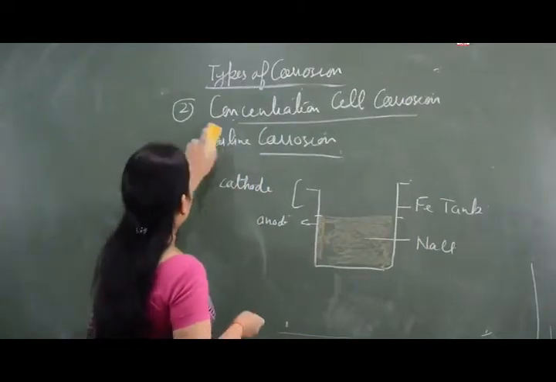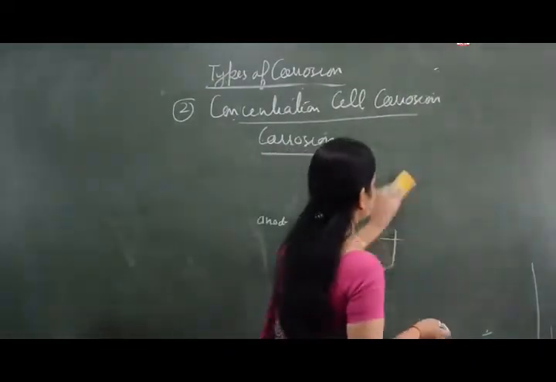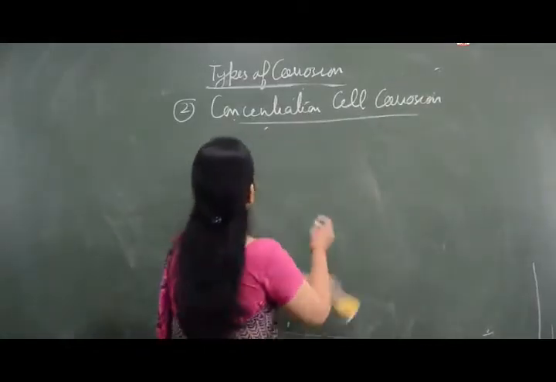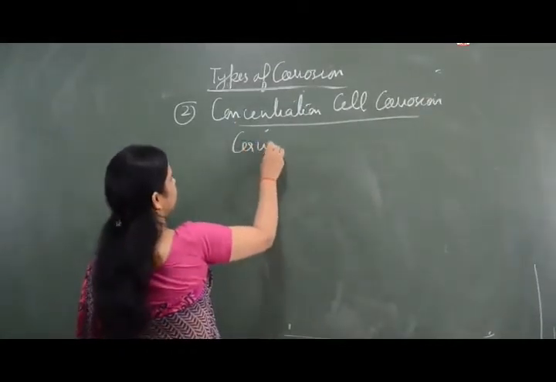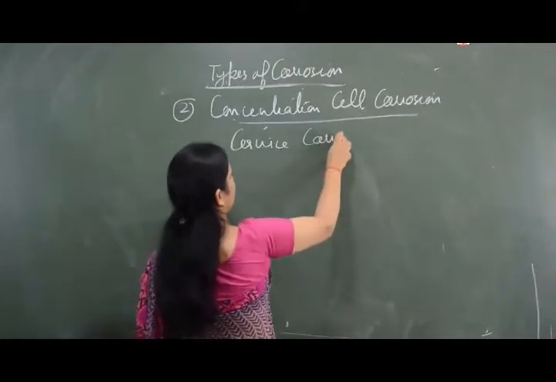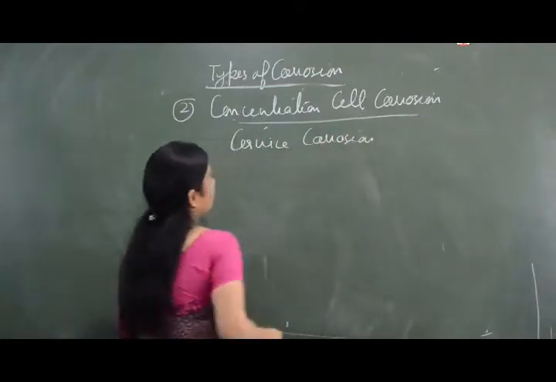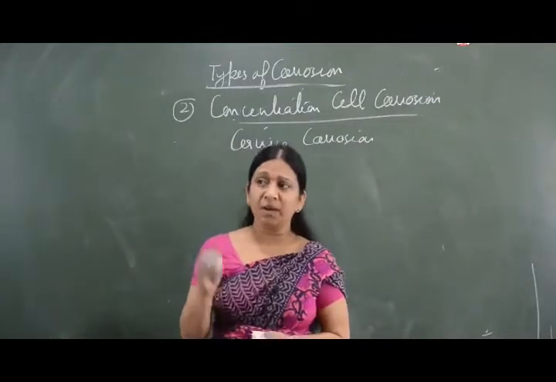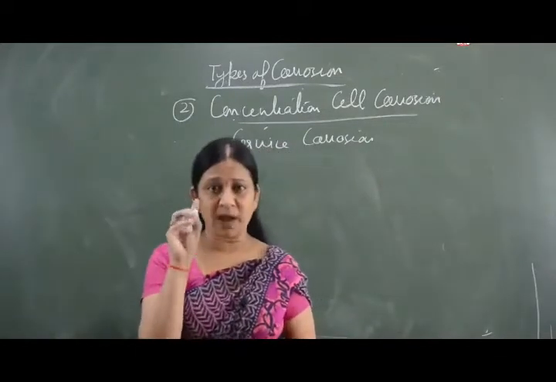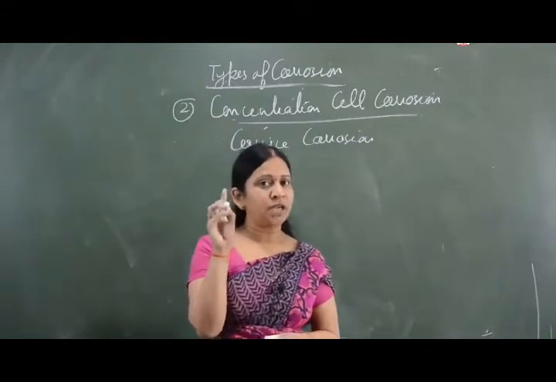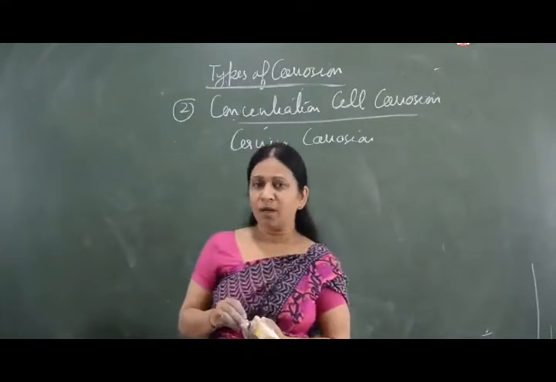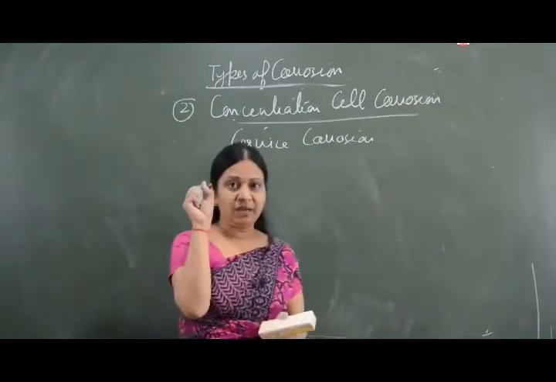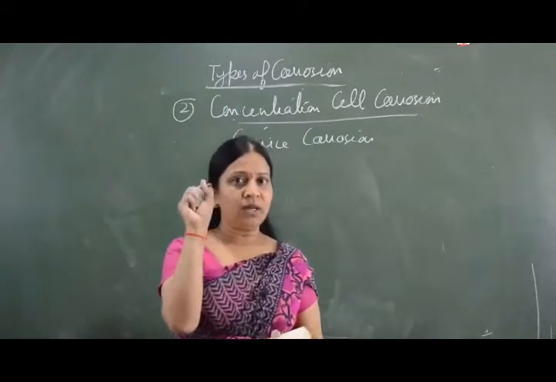Then we have crevice corrosion. A crevice is an opening, in places where metal is in contact with metal, or when metal is in contact with non-metal. For example, on wood, if we do nailing, then metal is in contact with non-metal.